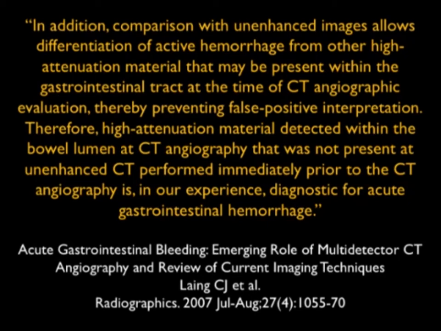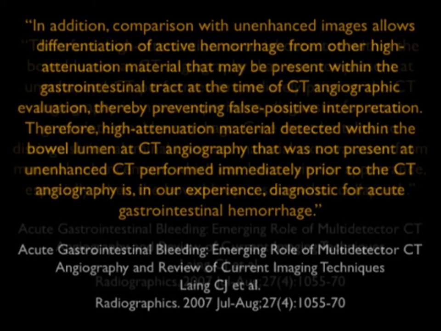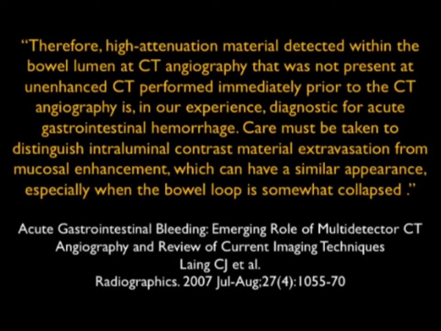We do endovascular stents, looking for foreign matter or anything that may simulate a bleed. So perhaps if you don't do non-contrast scans, you're going to have a problem. And that's what Liang said. Therefore, high-attenuation material detected within the bowel lumen at CTA that was not present on unenhanced scans prior to CTA is diagnostic for hemorrhage. Now, that makes sense, but is that the best thing to do?